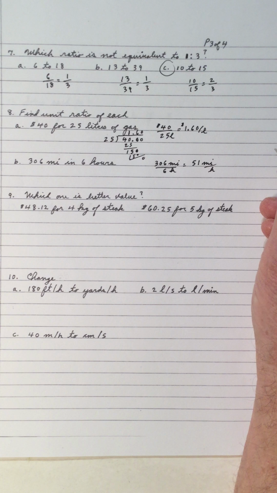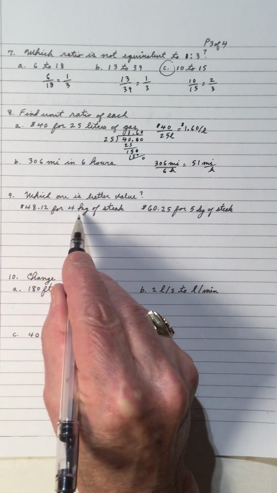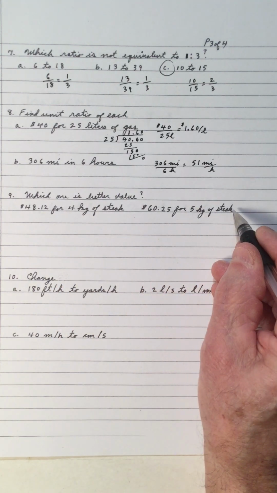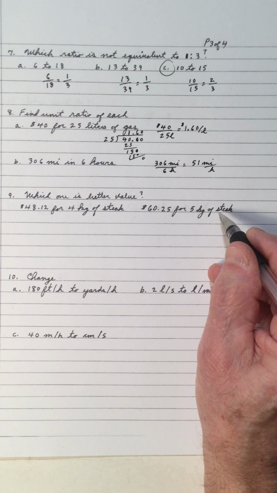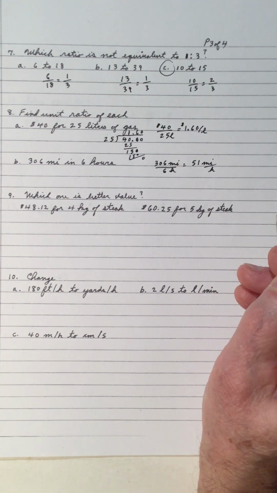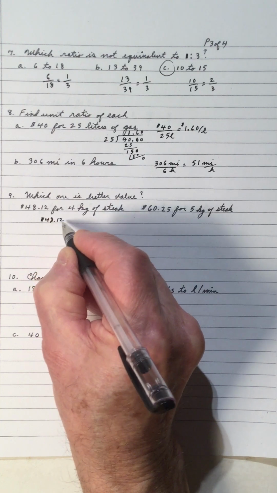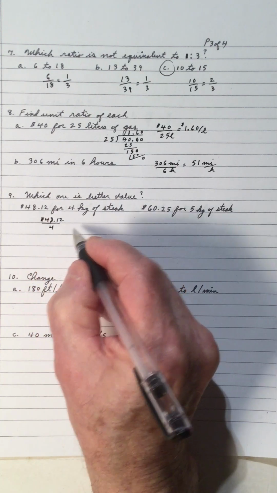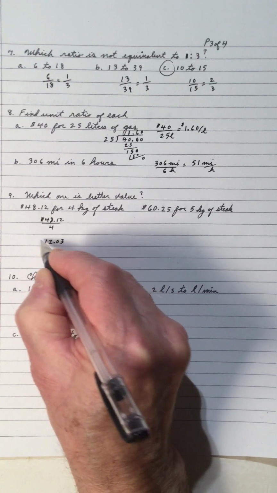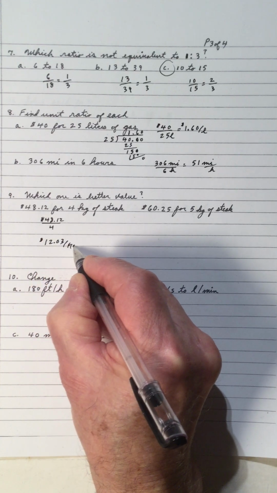Number 9, which one is the better value? So we pay $48.12 for 4 kilos of steak. We pay $60.25 for 5 kilos of steak. Which is the better value? So the better value is per unit value. If you take the 48.12 and divide it by 4, that will give you 12.03, and that's 12.03 per kilo.